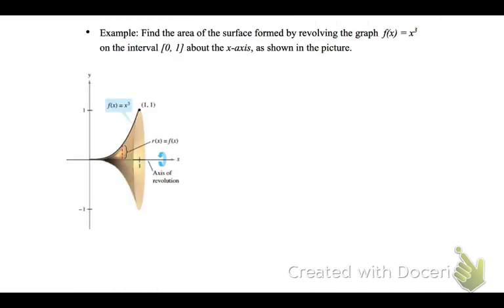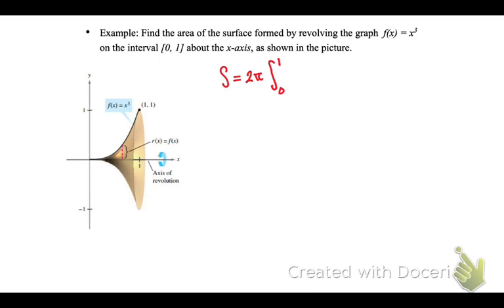Okay, so find the area of the surface formed by revolving the graph of f of x equals x cubed on the interval from 0 to 1 about the x-axis. So the surface of revolution is 2 pi from what to what? 0 to 1. And we're about the x-axis, so we're dealing with x.